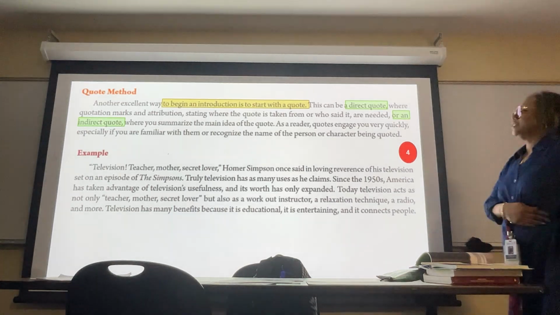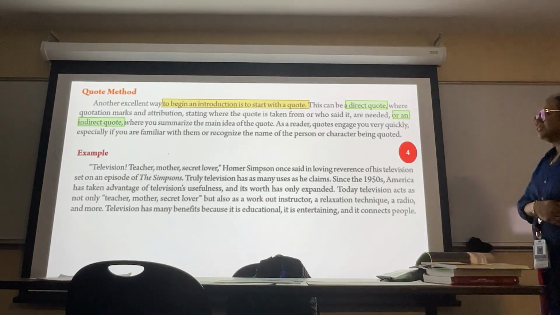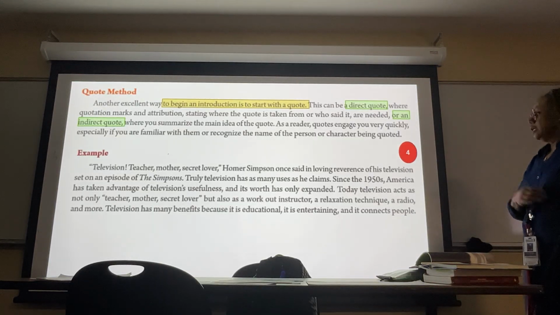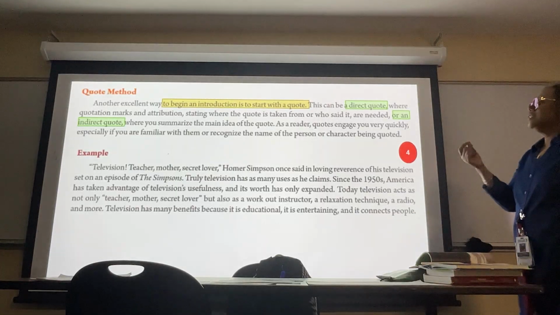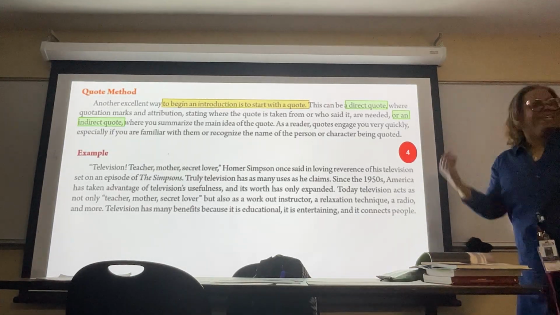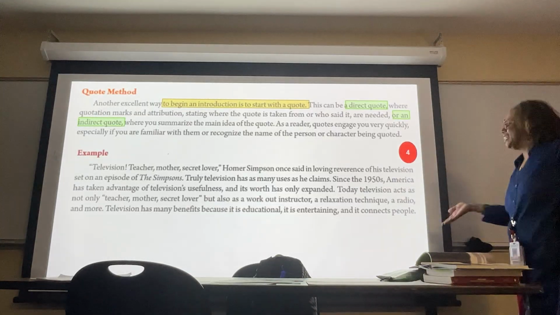Today, television acts as not only teacher, mother, secret lover, but also as a workout instructor, a relaxation technique, a radio, and more. Television has many benefits because it is educational, it is entertaining, and it connects people.